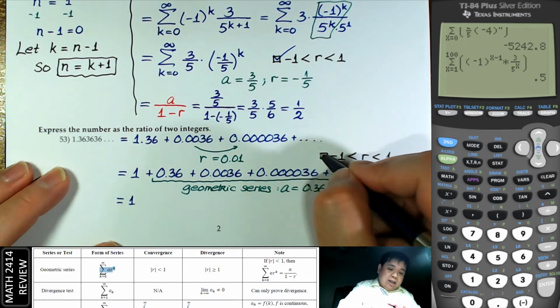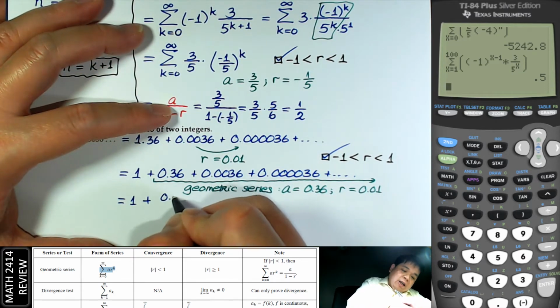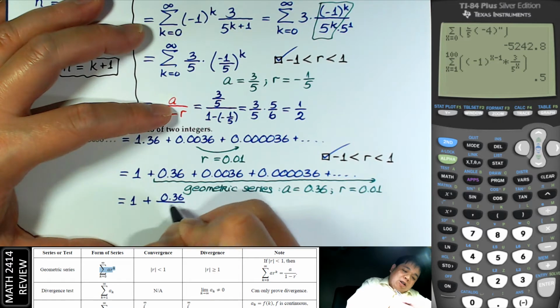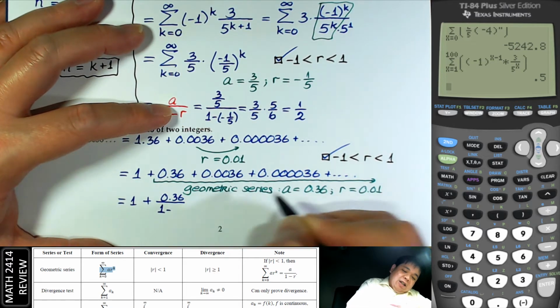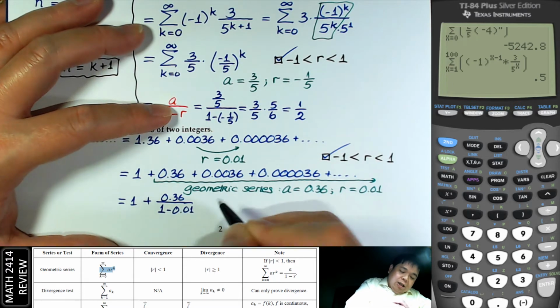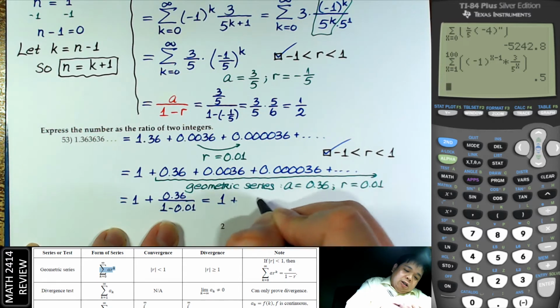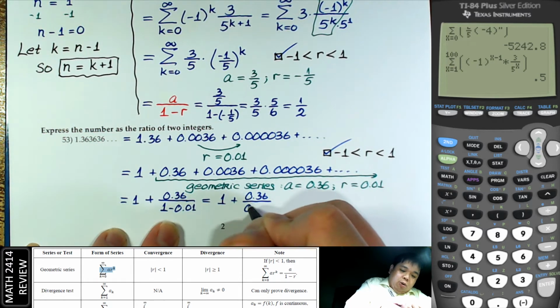So in this case it is a over 1 minus r, where r is 0.01. So that's what we have: 1 plus 0.36 over 0.99.